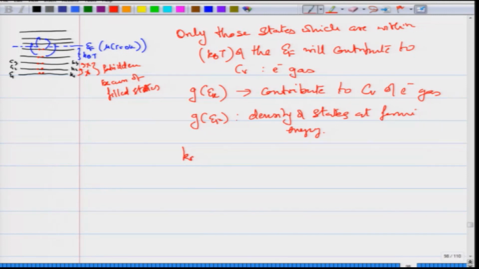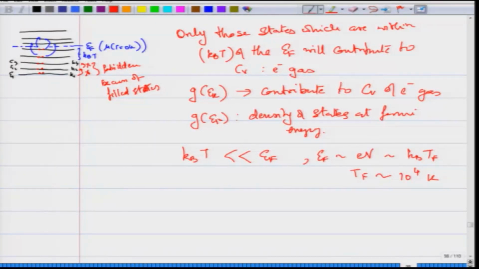Remember that kBT is far smaller than the Fermi energy, because the Fermi energy EF is of the order of a few electron volts, which if you write it as kB TF, then this TF turns out to be of the order of 10 raised to 4 Kelvin. Your metal is sitting at a few tens to hundreds of Kelvin, and in fact at low temperature, where you are really seeing the contribution coming from the electron gas by eliminating the vibrations of the solid, which only happens at very low temperatures, there the temperature is far smaller than TF, the Fermi temperature.